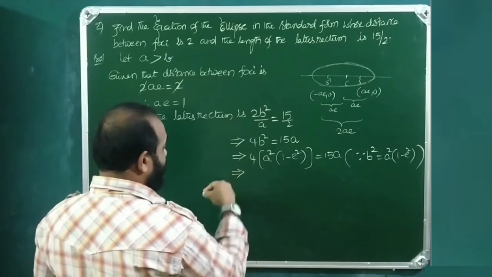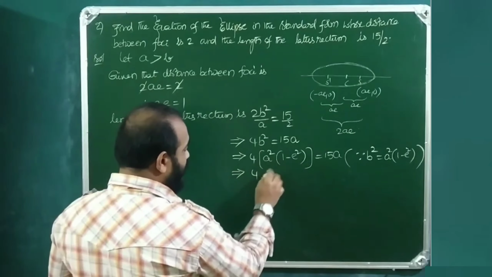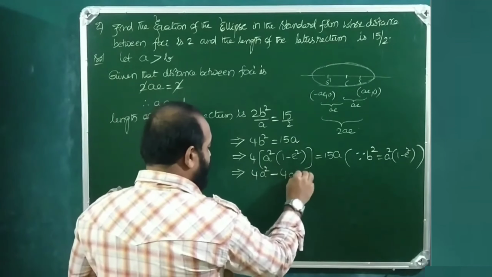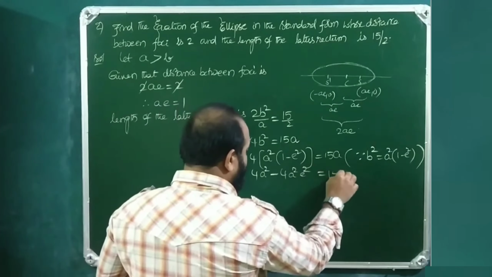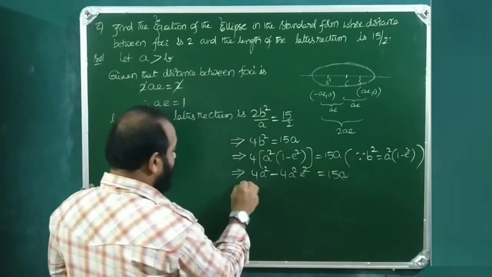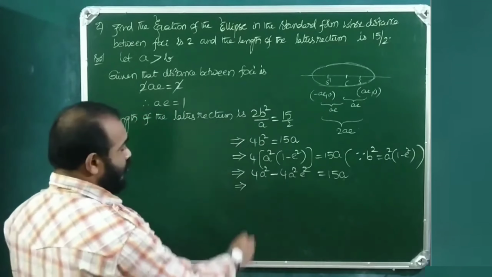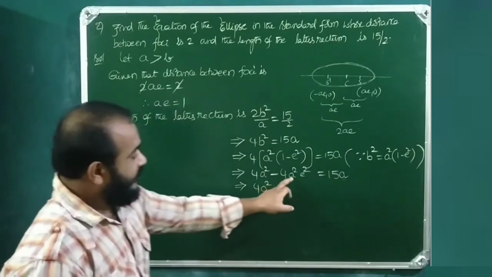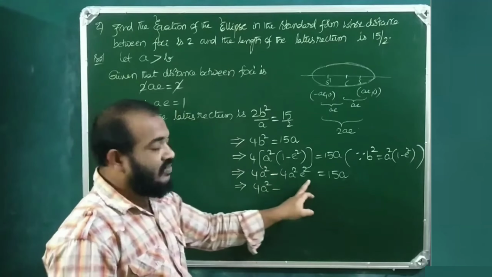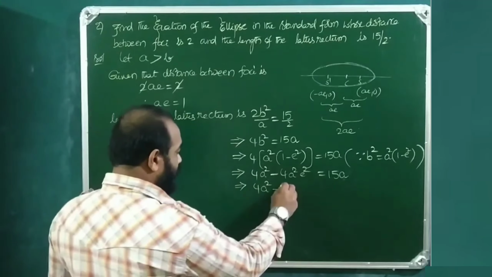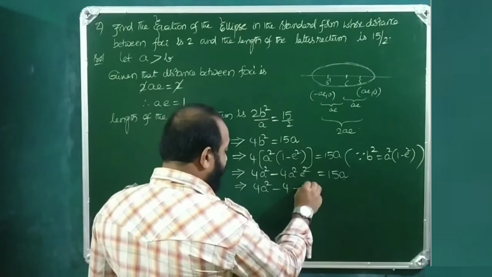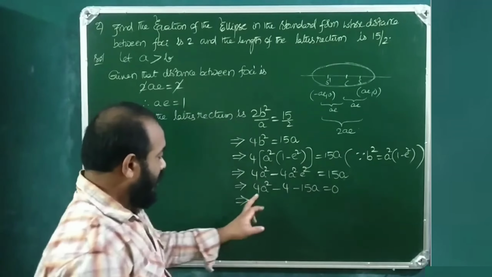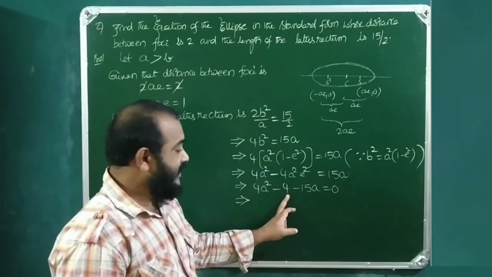So b square is equals to a square into 1 minus e square. This is equals to 4a square minus 4a square e square is equals to 15a. So this is equals to 4a square minus, a square e square is 1 square, into 4, minus 15a equals to 0. So 4 fours are 16.